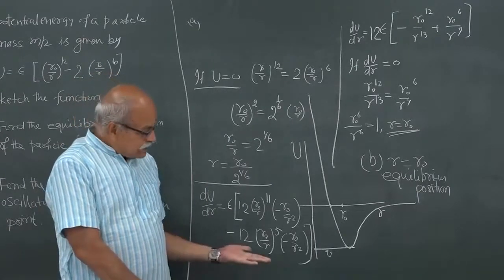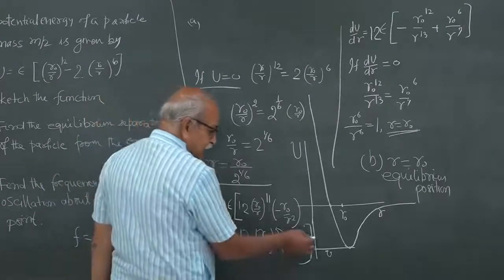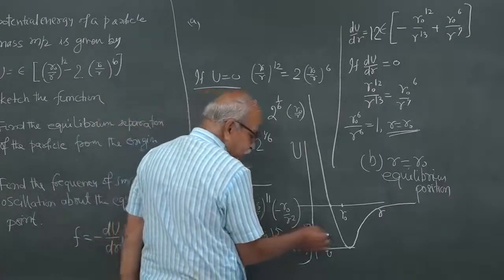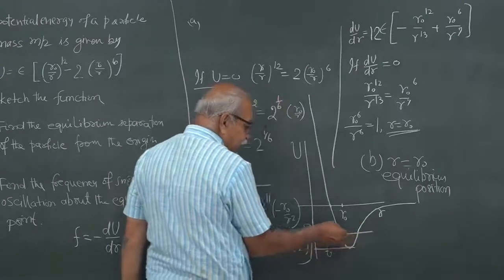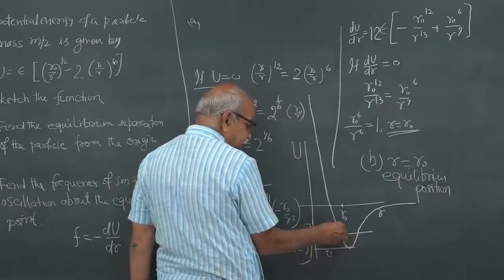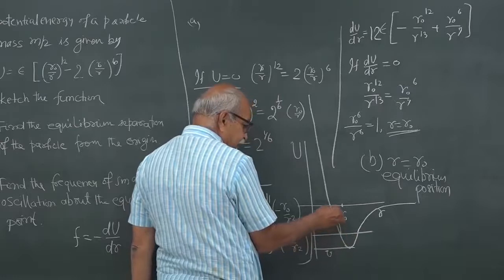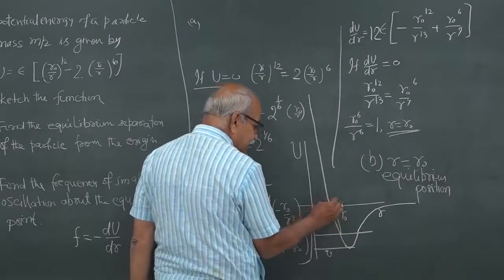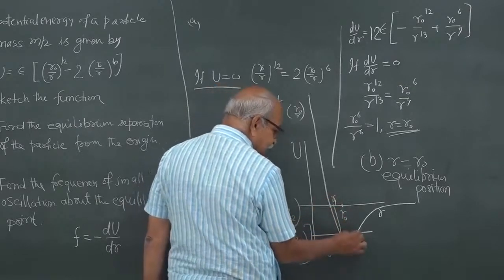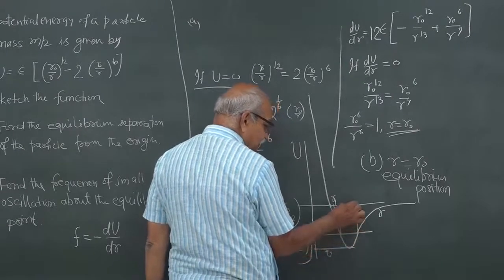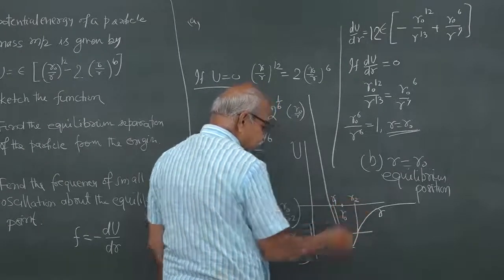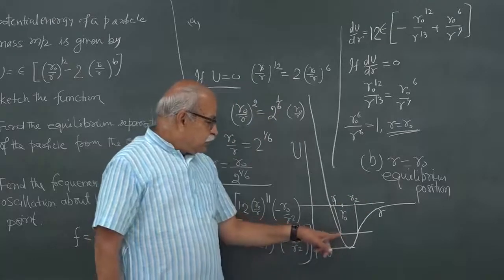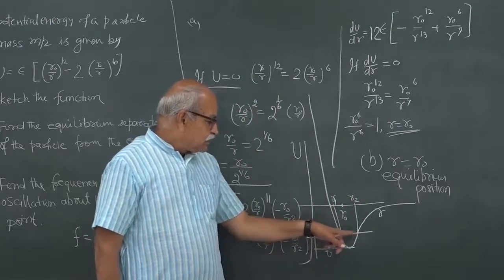But if the energy is more, then the particle can move, and we have already discussed these are the turning points. This is, let us say, r1 and this is r2, and the particle with this energy, it will go from here to here, and back again, repeatedly.